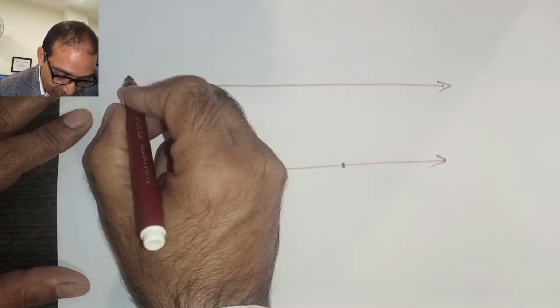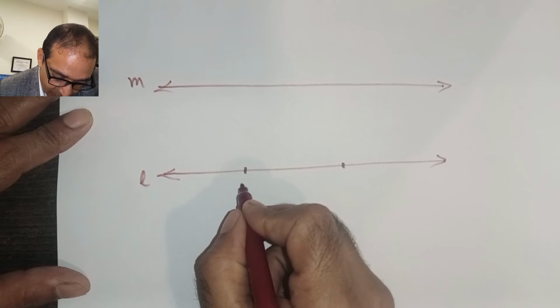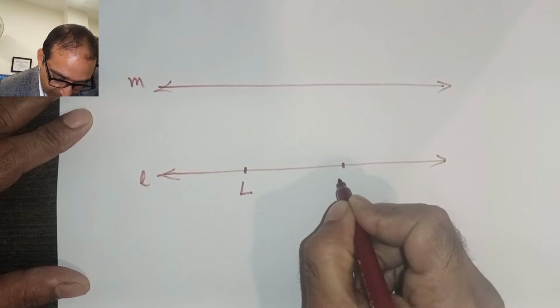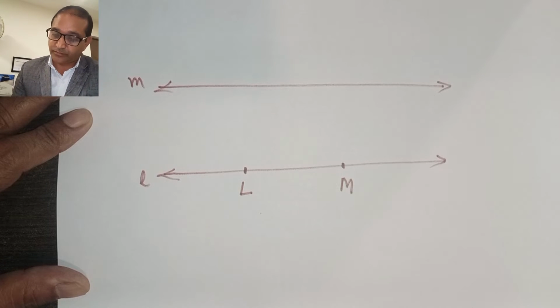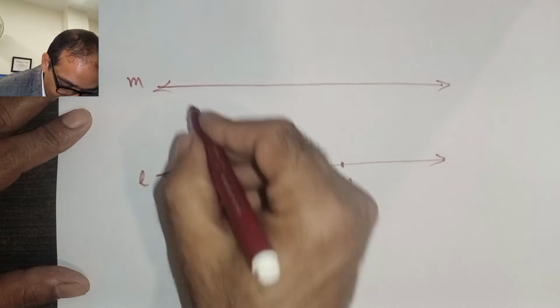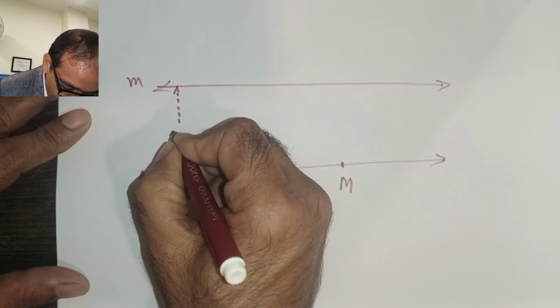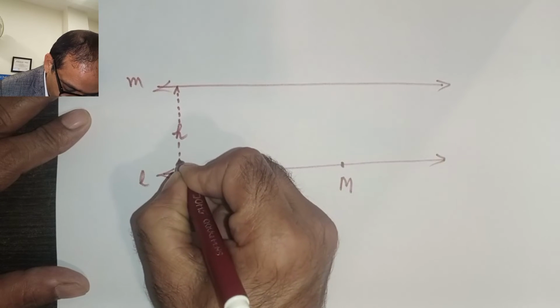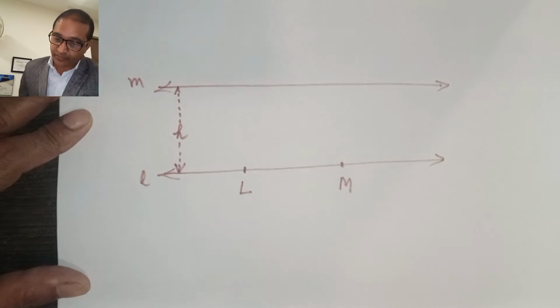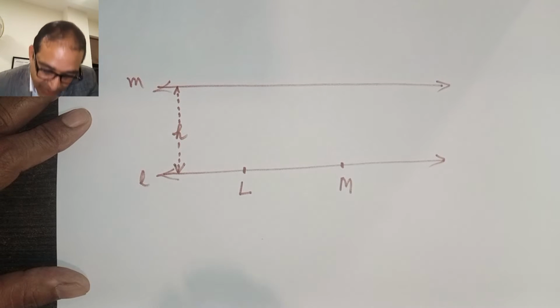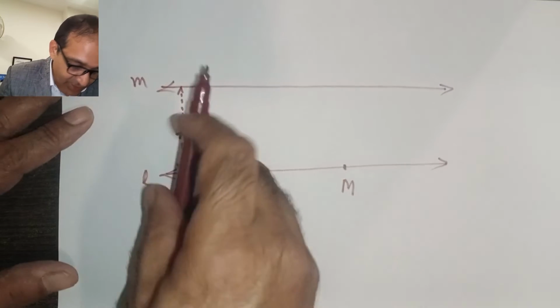So line L, this is line M. There is a line segment LM, and the distance between these two lines is H. Now with the same base LM, this is H.